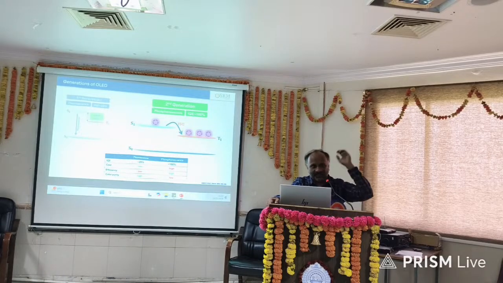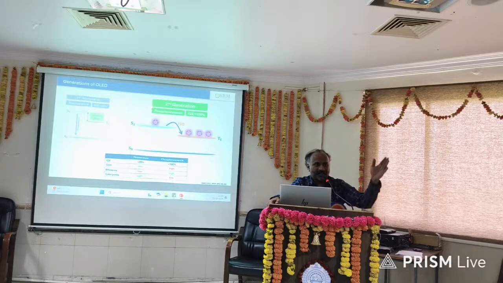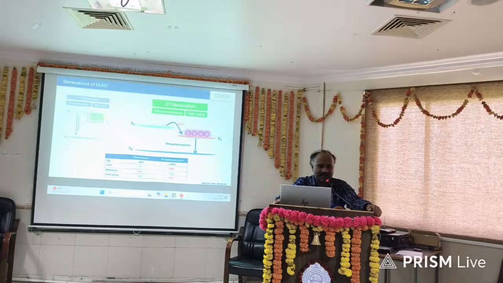When you study the Jablonski diagram in your organic chemistry or spectroscopy book, you will understand there are many processes. Through intersystem crossing, the 25% singlet excitons are converted into triplet states. So we now get 100% in the triplet state, which will come out as phosphorescence.